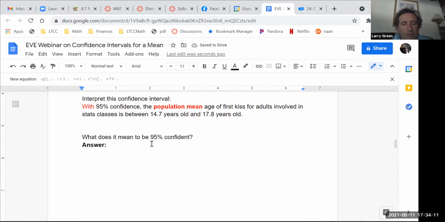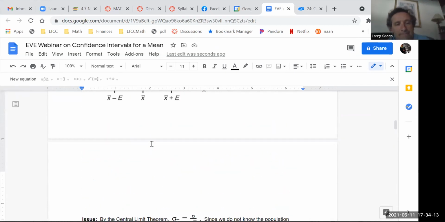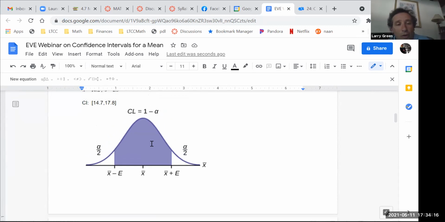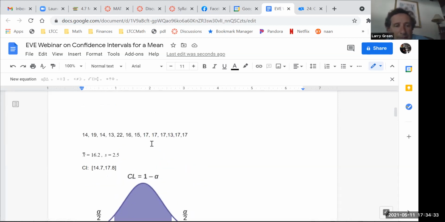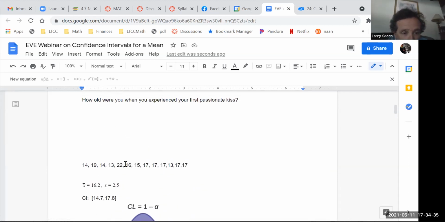So again, our picture is over here. We've got this normal distribution, and we're talking about the sampling distribution. Remember, the sampling distribution is the distribution of all sample means, or basically the distribution of all the different studies that you can do. How many did we have again? 3, 6, 9, 13. That's right.